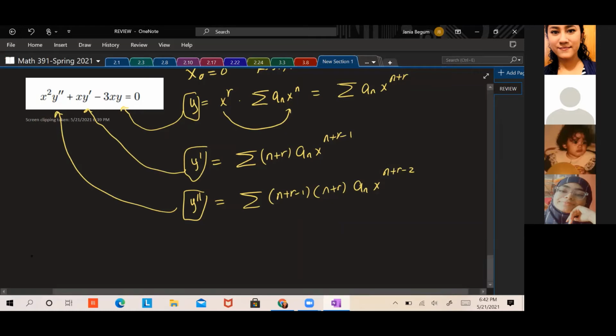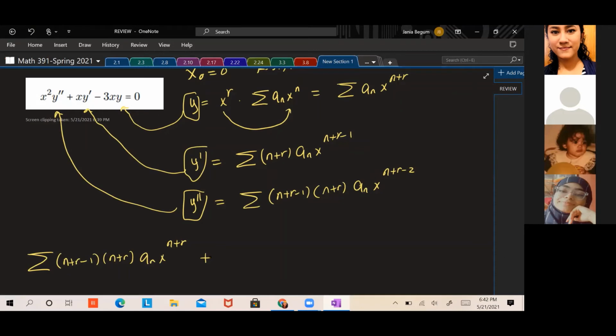So we have the sum of (n plus r minus 1)(n plus r) a_n x to the n plus r, plus, now what about the second term as I move x into the first derivative sum? Same thing happens to that, the negative 1 disappears. Right, both of you got it. So the minus 1 will disappear.